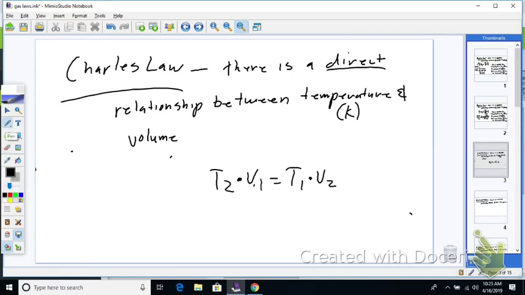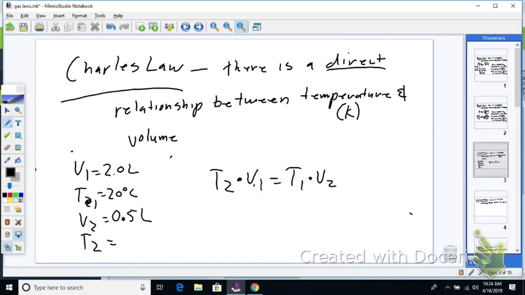So we'll go V1, T1, V2, T2. I'll give you 2 liters, a temperature of 20 degrees Celsius, a volume of 0.5 liters, and then I'm going to solve for the temperature.